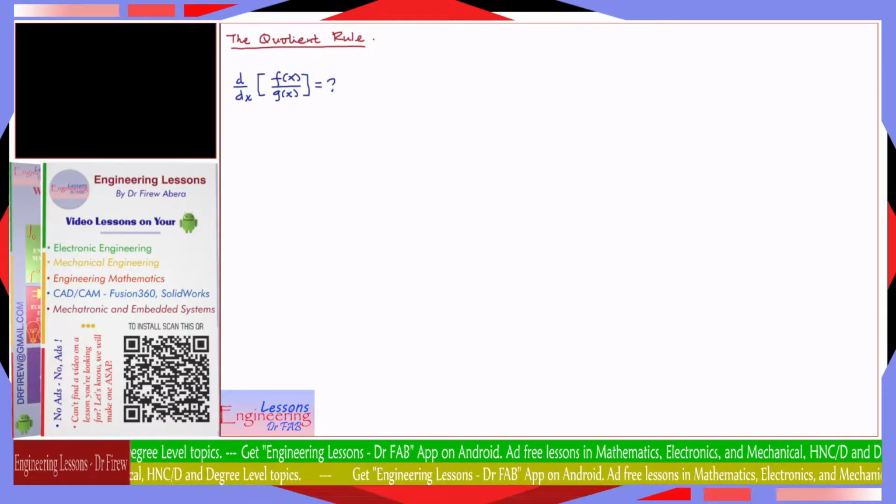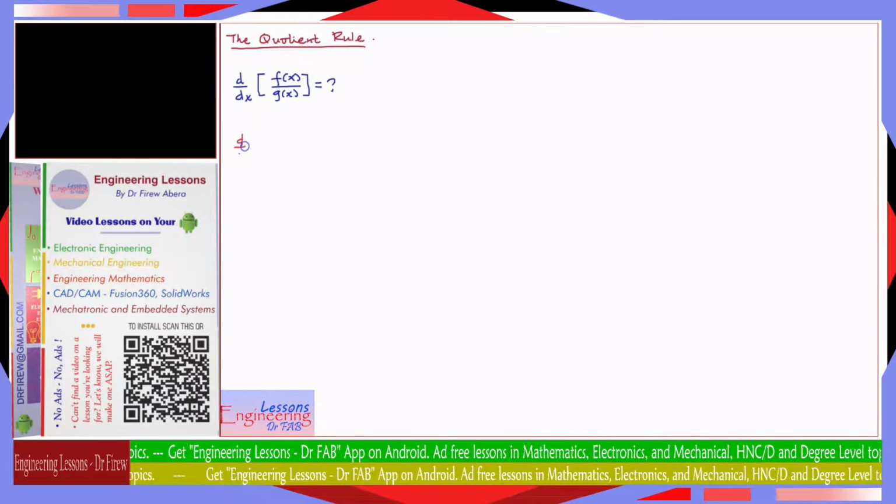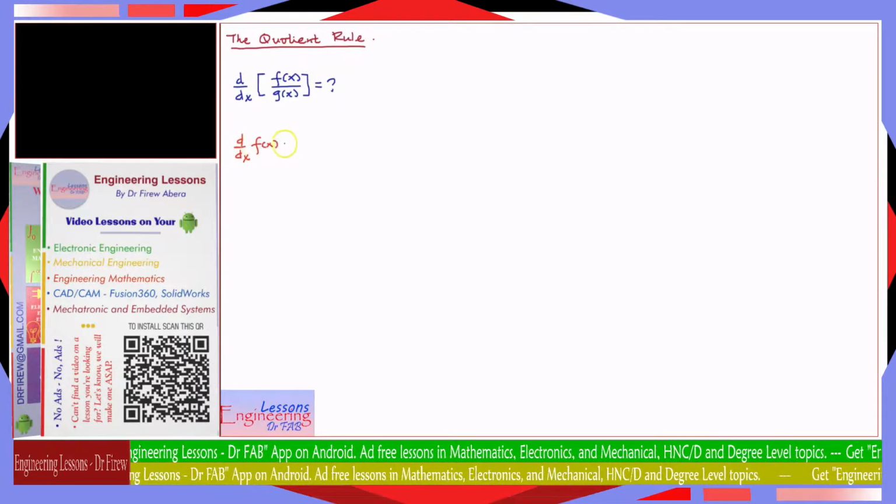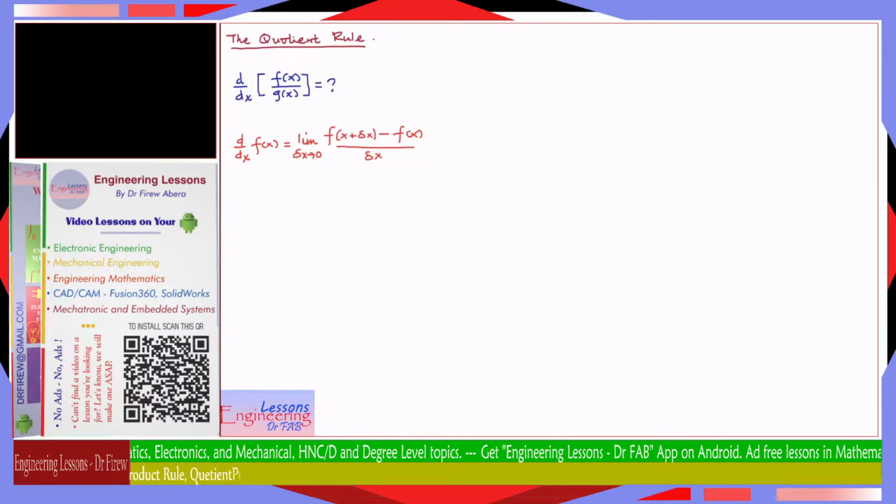Here I'll just be giving you the expression for the first principle: d by dx of the function f of x is equal to the limit of f of x plus some small change in x, minus f of x, over that small change in x, as the change in x approaches 0.